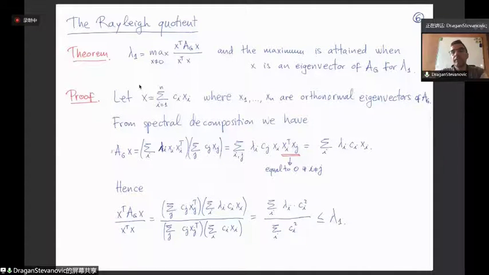And if you go further into linear algebra, you will see that lambda 2 can also be expressed in terms of Rayleigh quotients if you only consider vectors x that are orthogonal to the eigenspace of lambda 1. If you exclude those from consideration, then lambda 2 will be the maximum of Rayleigh quotients, and so on. But for our case, just lambda 1 is enough.